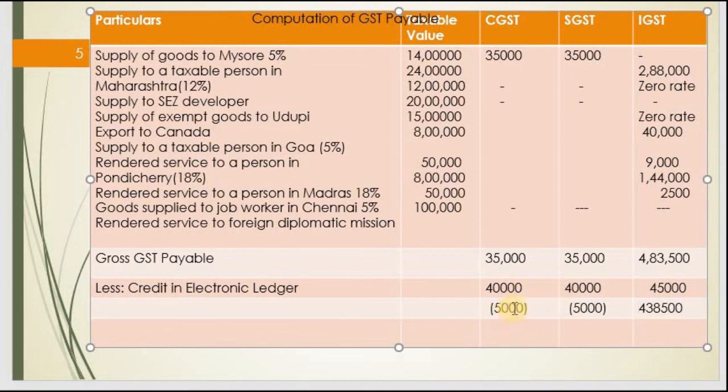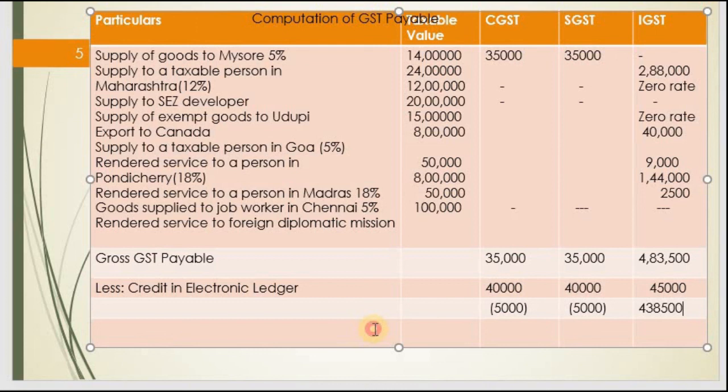Here there is a balance from the previous input tax credit. So this balance can be utilized to set off IGST, because we still have to pay extra IGST, but here there is a minus balance. So this excess balance can be used to pay the IGST.